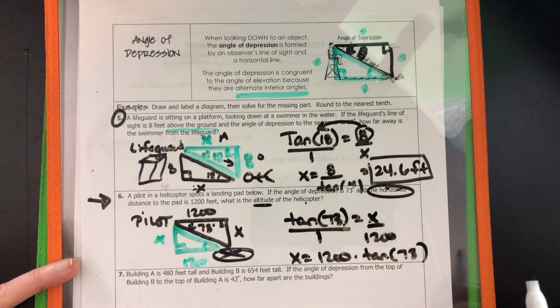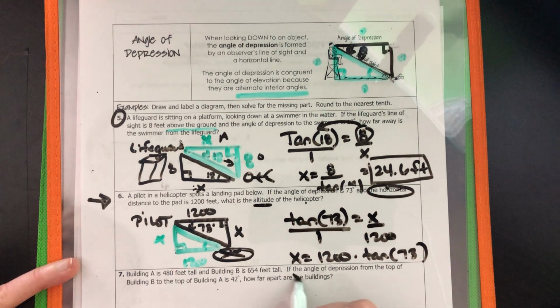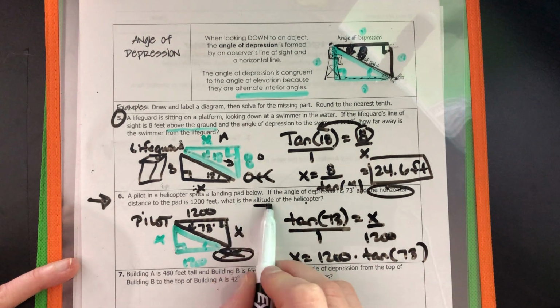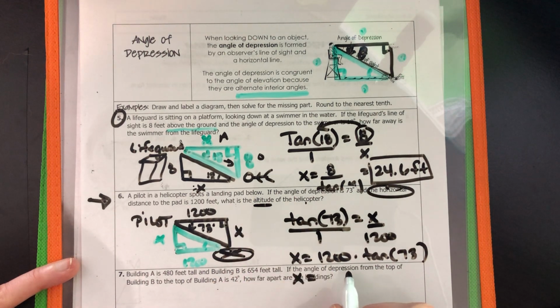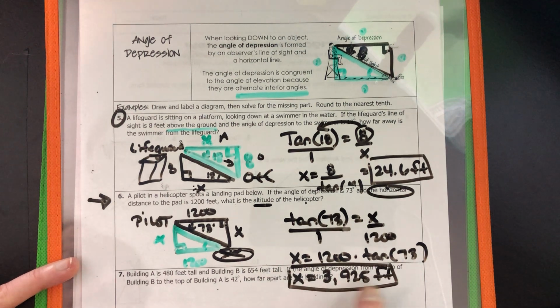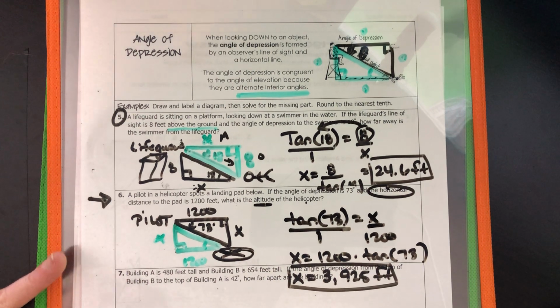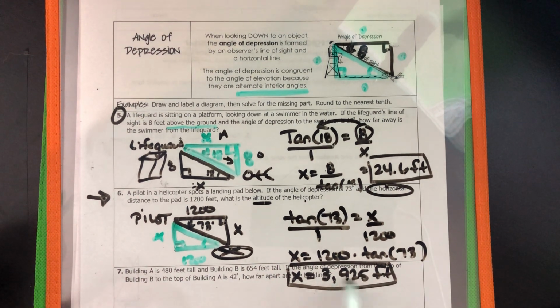And we find that the altitude of the helicopter, how far into the sky it is, is 3,925 feet. And that makes sense. We'd want a large number to know how high off the ground. If it was a really small number, that pilot might crash on that landing pad. So this makes sense, so it looks good.